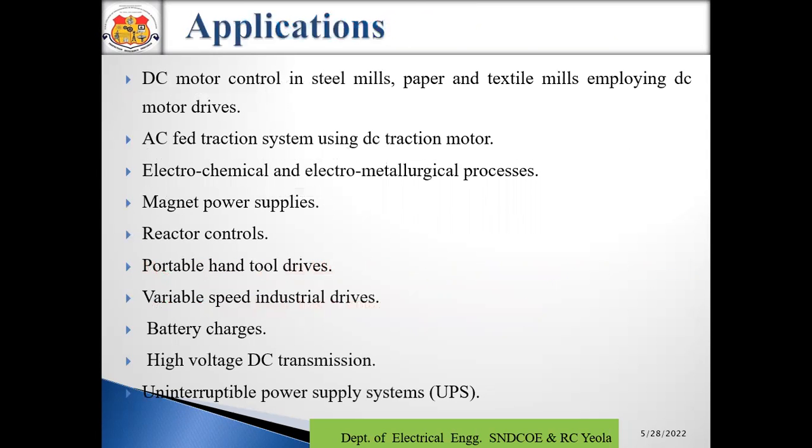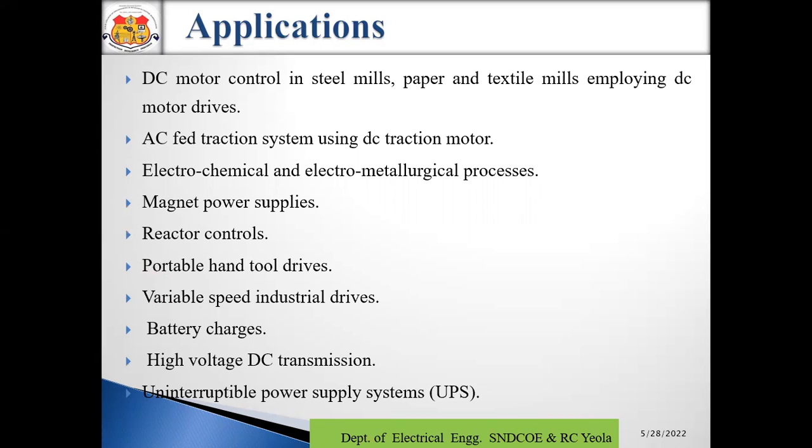Now we can see the applications of the phase control rectifier. The DC motor control in steel mills, paper and textile mills employing DC motor drives. There are various applications of phase control rectifier; we will see them one by one. AC fed traction system using DC traction motor. Next application, the electrochemical and electrometallurgical process.